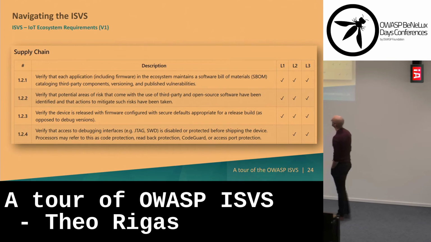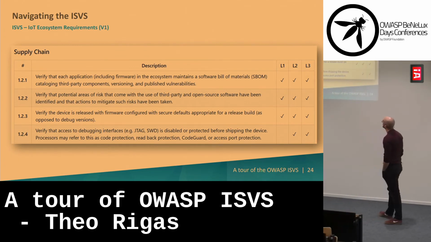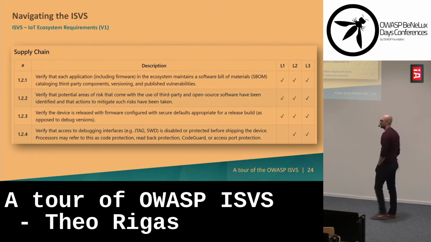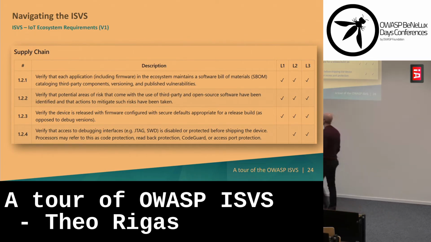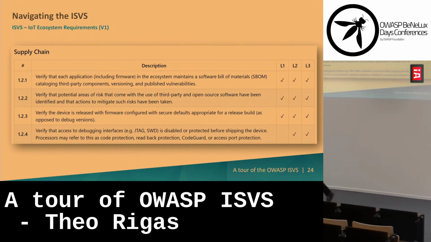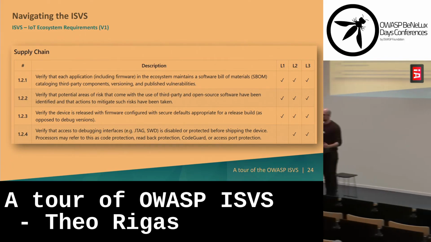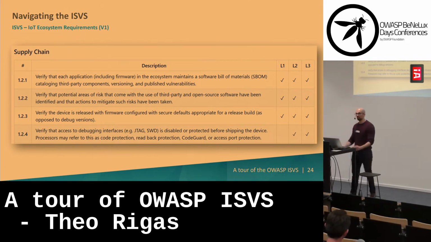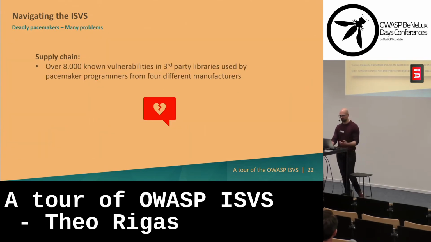And number 2, verify that potential areas of risk that come with the use of third-party and open-source software have been identified and that actions to mitigate them have been taken. So if those pacemakers had been developed using this set of requirements or tested using this set of requirements, hopefully something like this wouldn't have happened.